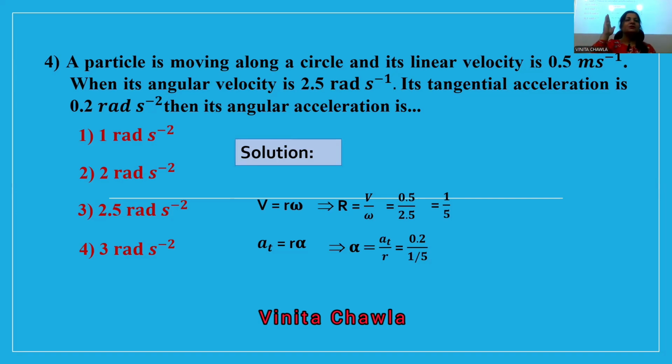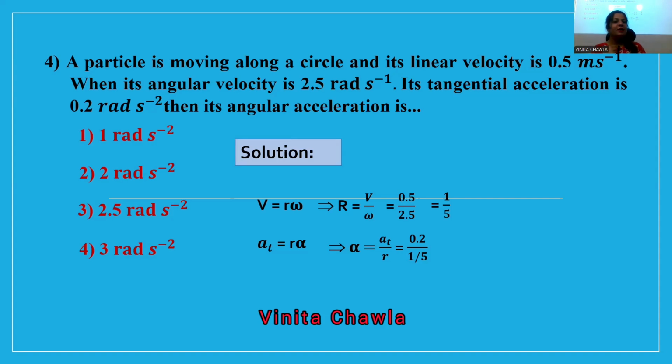While radial acceleration acts towards the center of the circle. Okay, so here we're talking about tangential acceleration, not radial one. Is this clear?